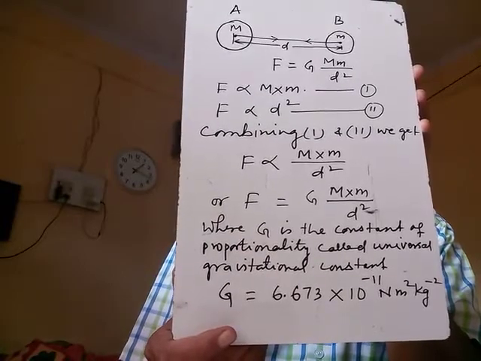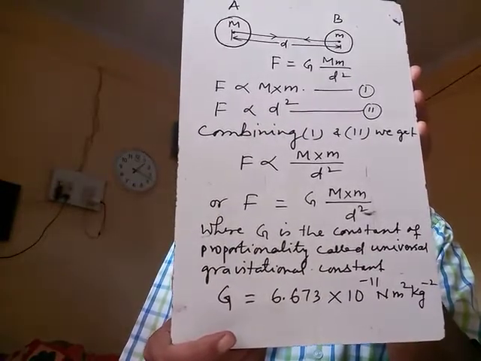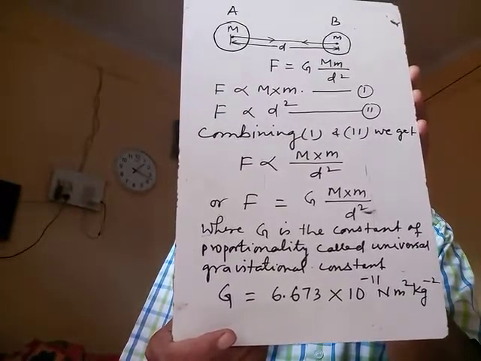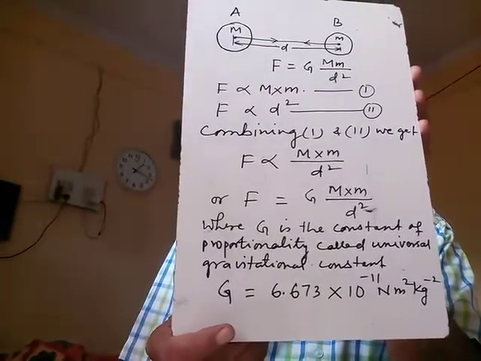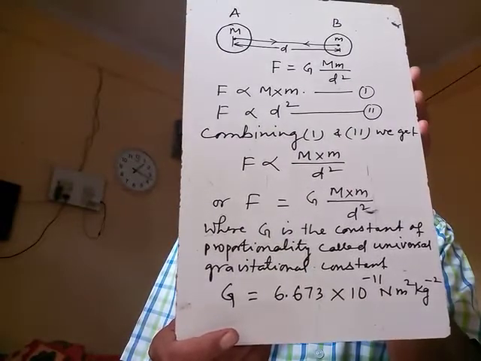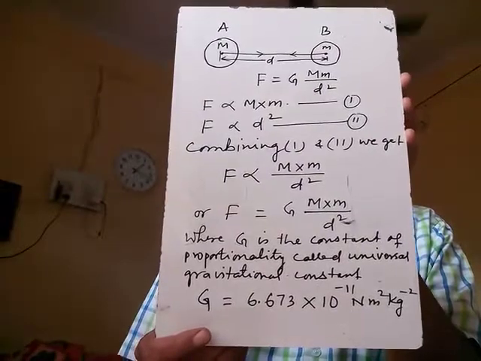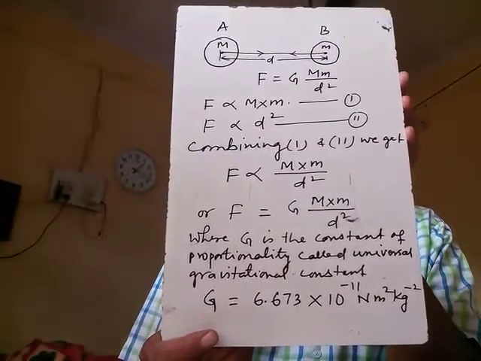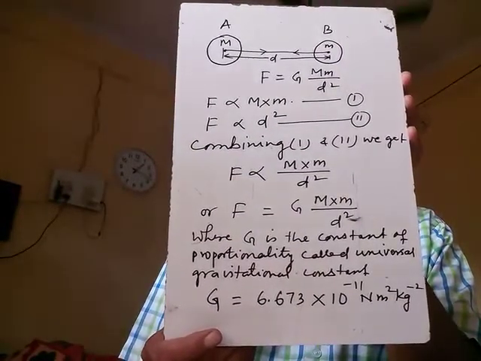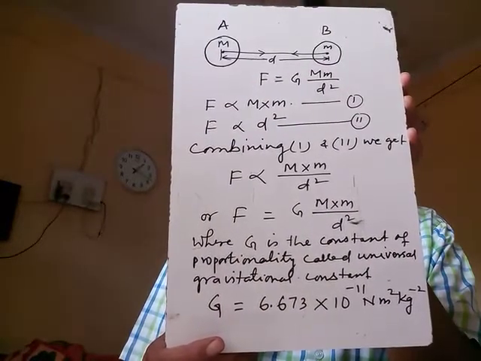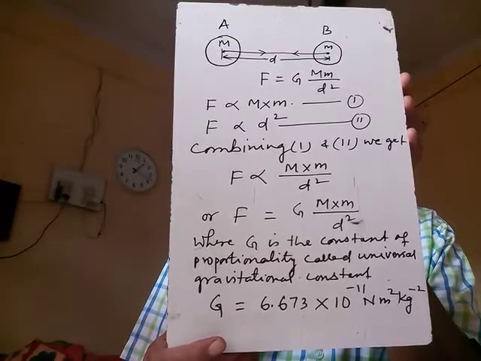So here G is the constant of proportionality, and it is called the universal gravitational constant. The value of G is 6.673 into 10 to the power minus 11 Newton meter square per kg square.